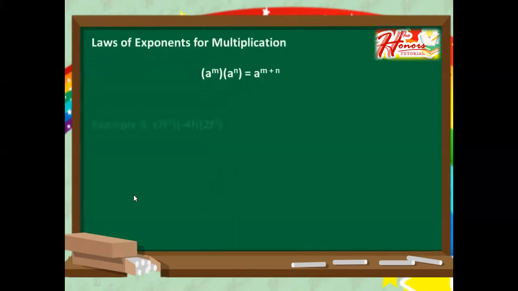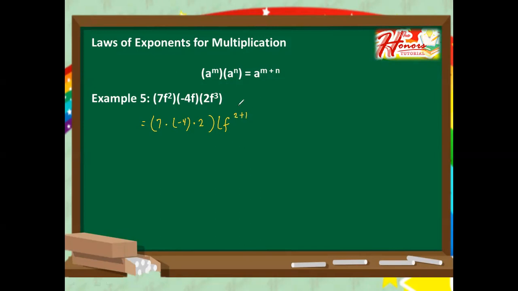Next, how about this? Same process. Multiply the numbers first. So that is 7 times -4 times 2, times f raised to 2 plus 1 because of this exponent, it's 1 plus 3.